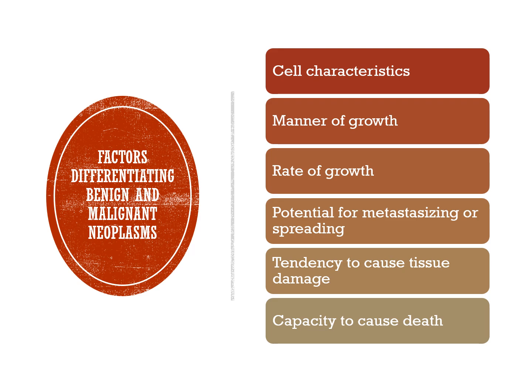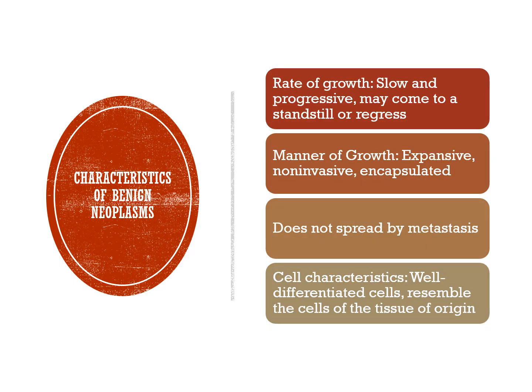But just very generally, benign and malignant neoplasms differ in their cell characteristics, in the way that they grow, in how fast they grow. They differ in their potential for metastasizing or spreading to other areas of the body from their original location. They differ in their tendency or ability to cause tissue damage, and they differ in their capacity to cause death. So we'll look at that a little more closely.